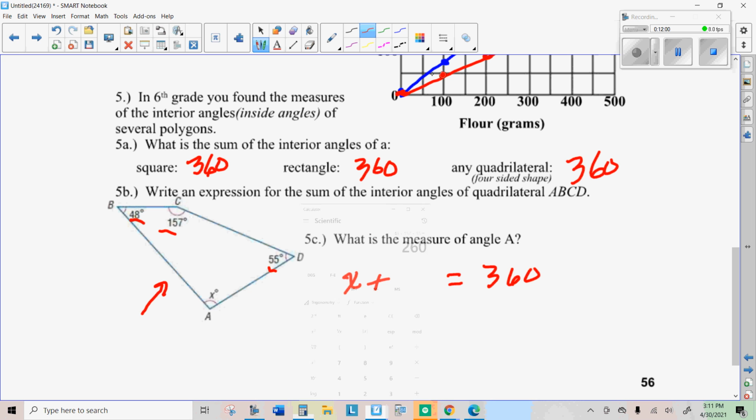And that's 260. And then I'm just going to backtrack. Since this says add 260, I'm going to minus 260 from 360, and that equals 100. So the missing angle is 100 degrees.